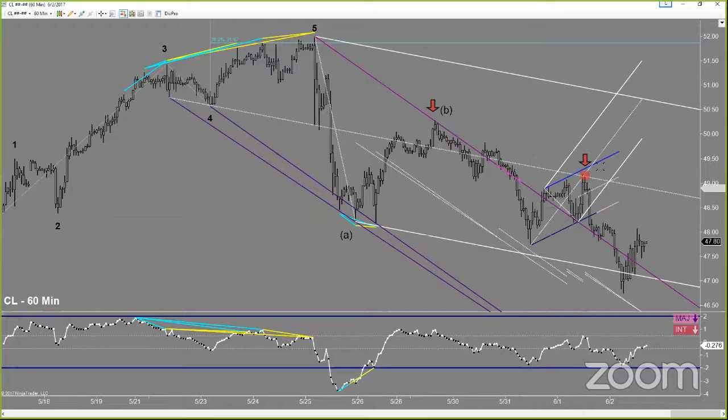So when you're looking for this pullback, so this would be a correction in the downward move, right? And looking to get to the top of the channel. But what we ran into is this center median line, which is basically just drawing from low to low.